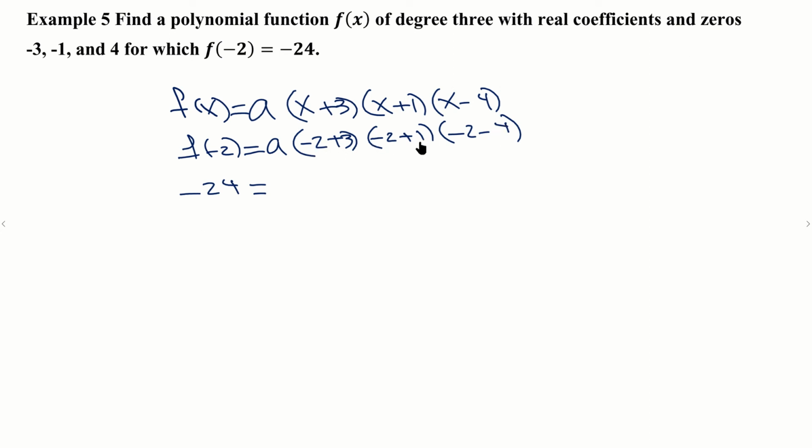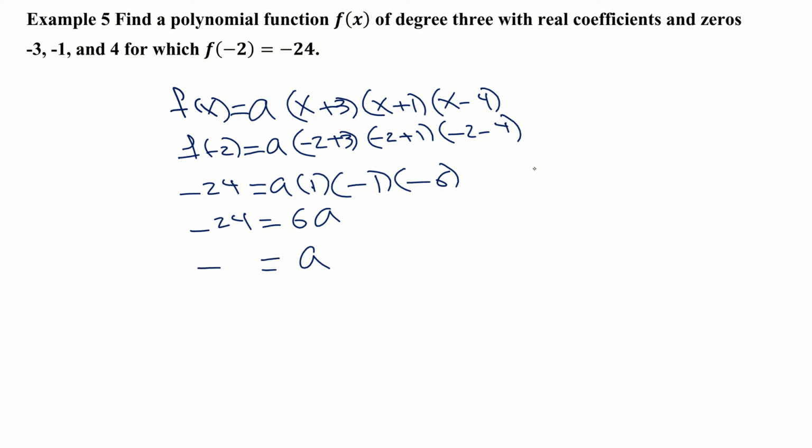Here we have -1. So we get a times 1 times -1 times -6, right? Now 1 times -1 times -6 is just 6. So we get -24 equals 6a. So that's going to make a equal -4. We just divide both sides by 6, right? All right, so we have the a.